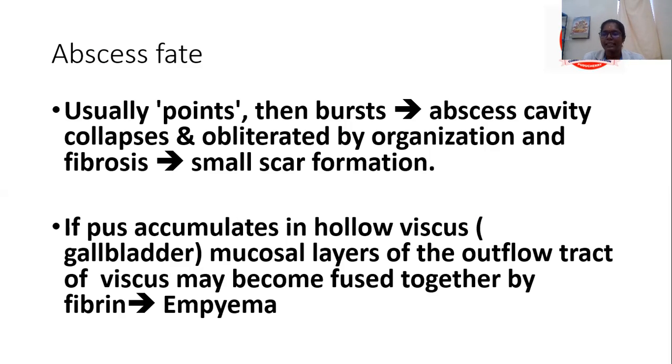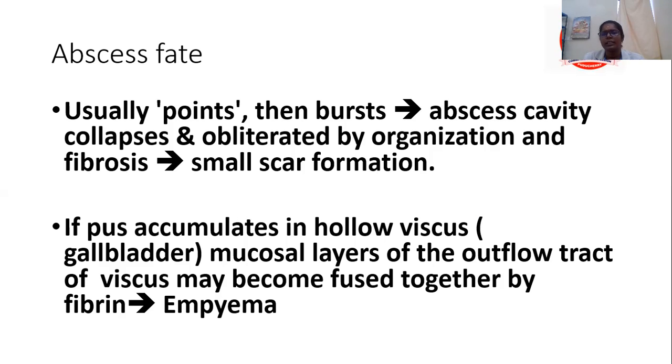Once the content has burst out, the abscess cavity collapses, followed by obliteration of the cavity, organization, fibrosis, and finally scar formation, right? So this is the fate of the abscess.